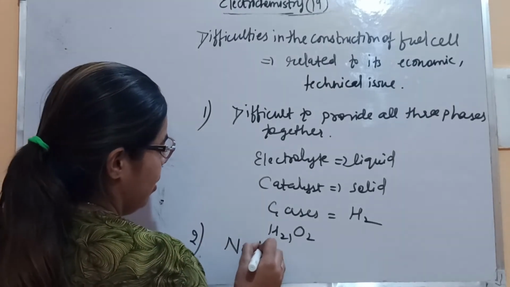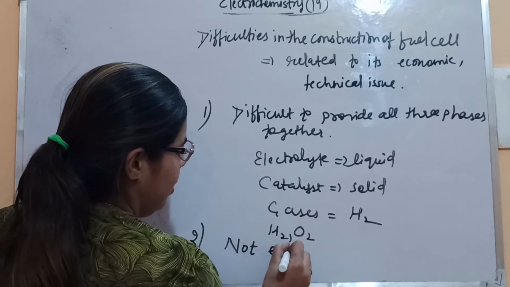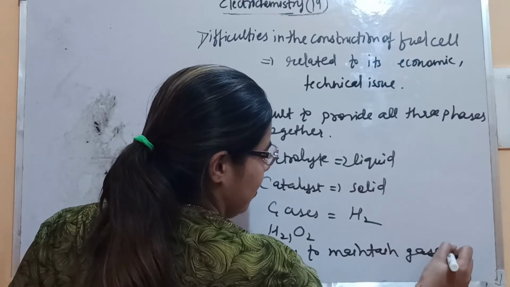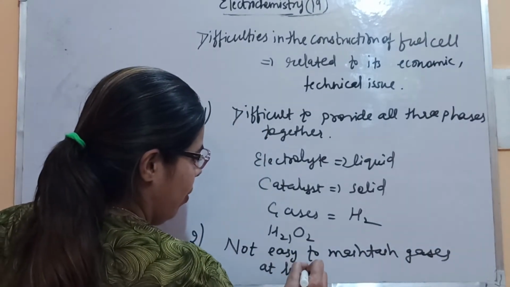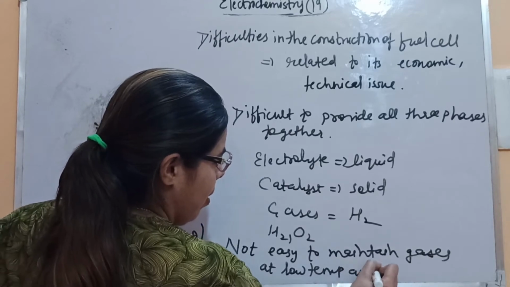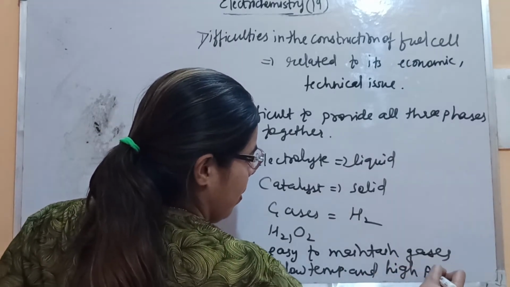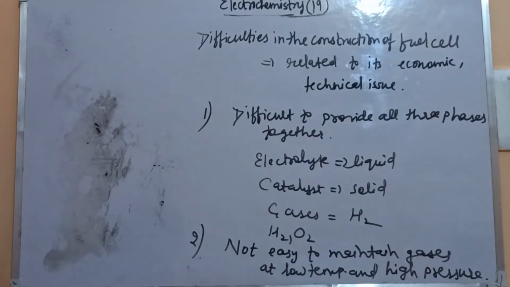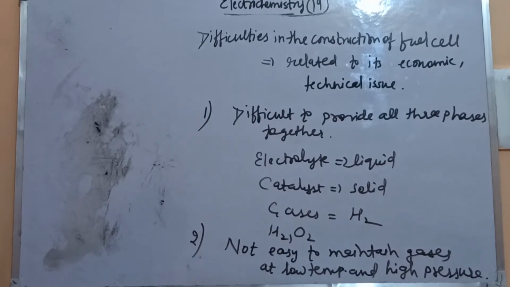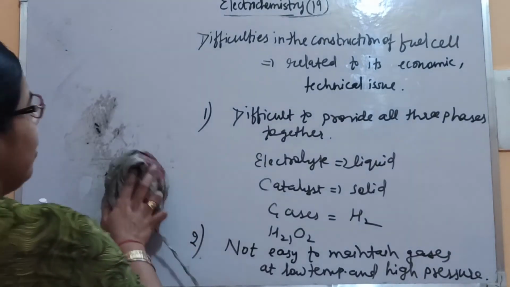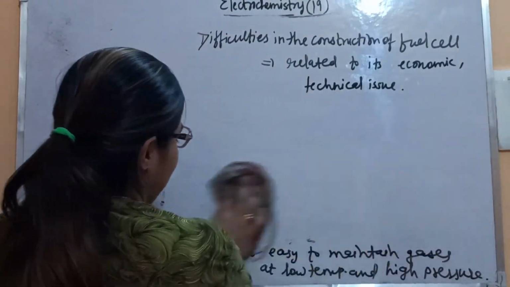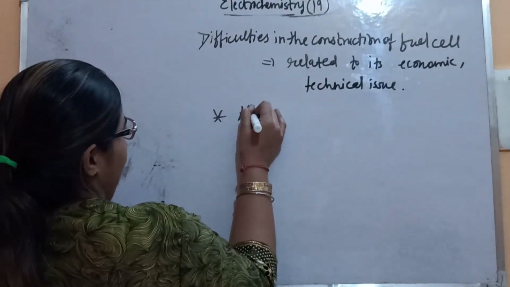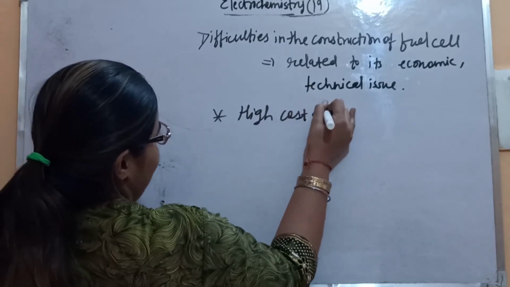Then the second one is that it is not easy to maintain gases at low temperature and high pressure. The next one is the high cost of the catalyst, as catalysts are very expensive, as we have seen in nickel cadmium cells also.